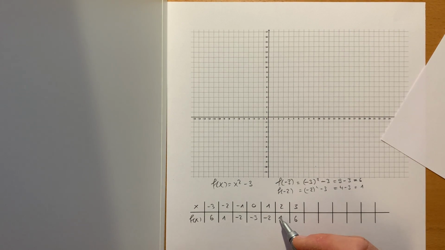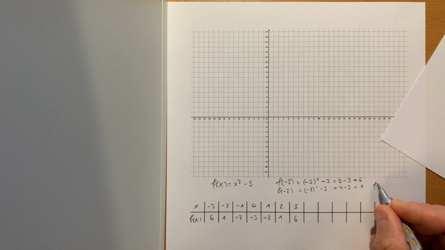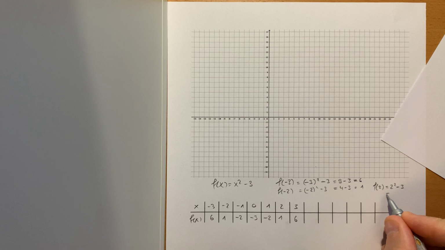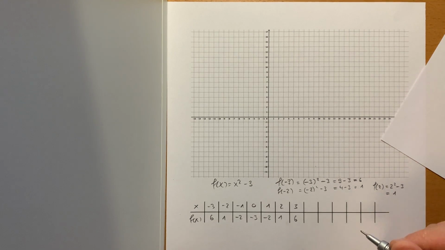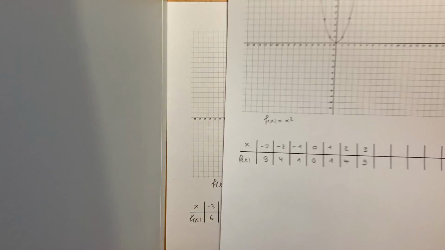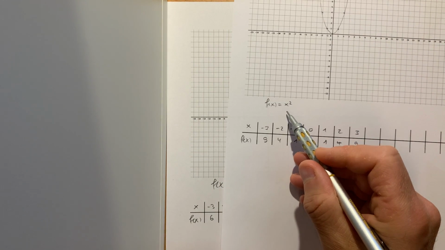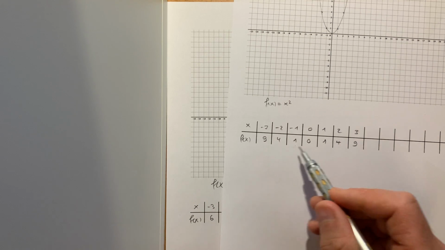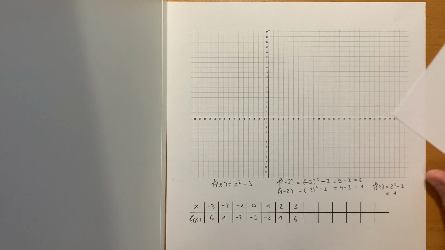For example, f of 2 is 2 squared minus 3. Obviously, that's 1. Because it's the exact same function as the original parabola, but we subtract 3 for every y value.